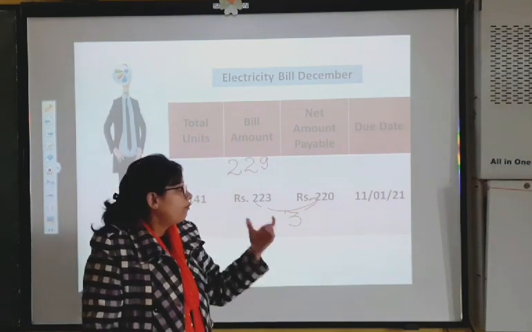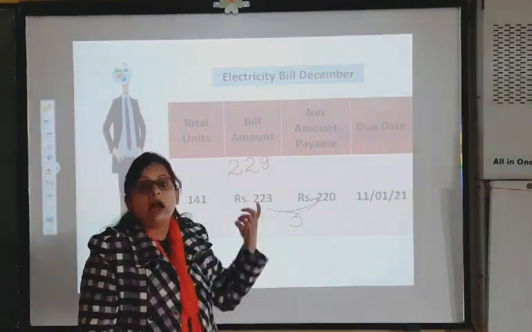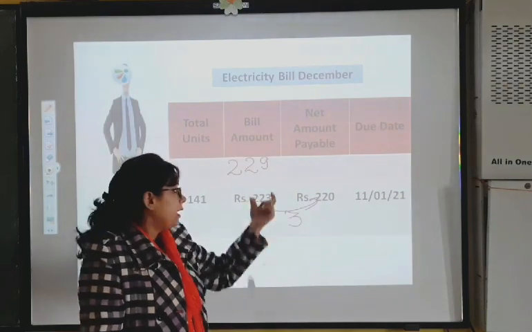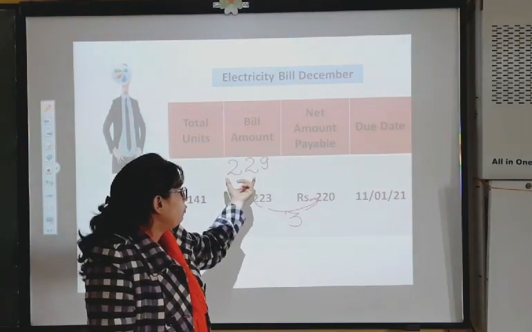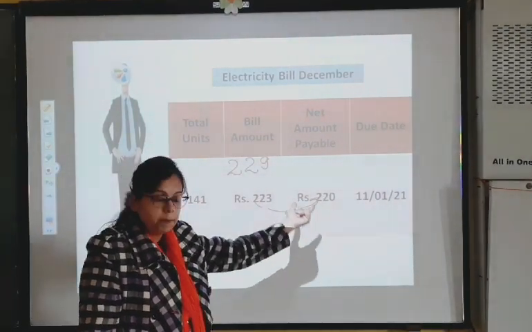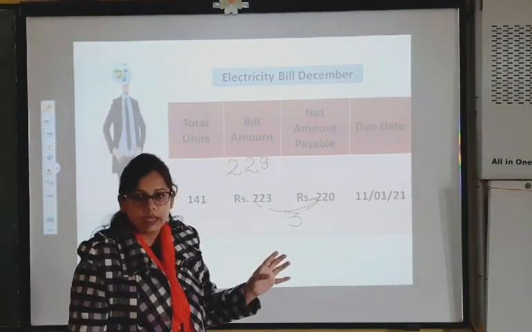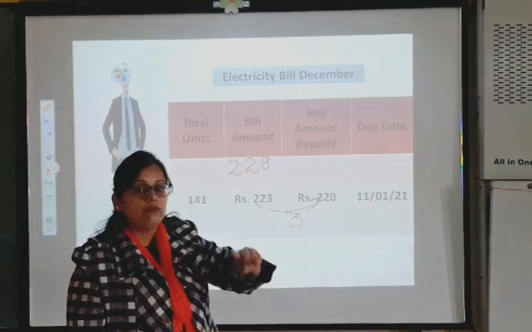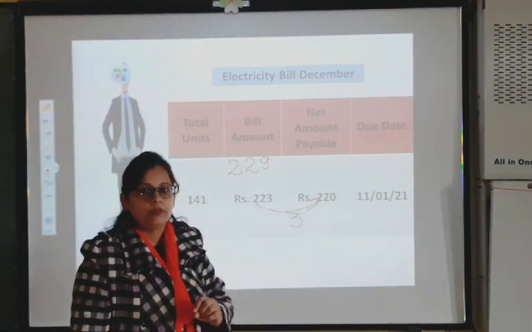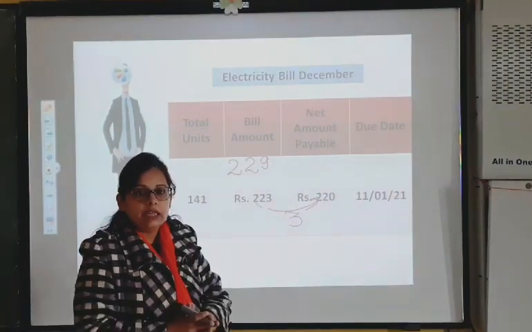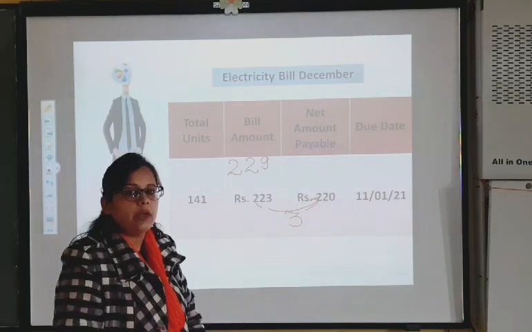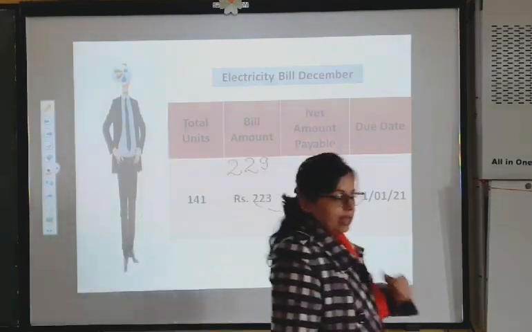So children, for this you need to understand how to round off the number. Here it will not take 220 rupees, but as 229 is nearest to 230 rupees, the electricity company will charge 230 rupees. How this becomes easy, I will show you in our next slide through an example.